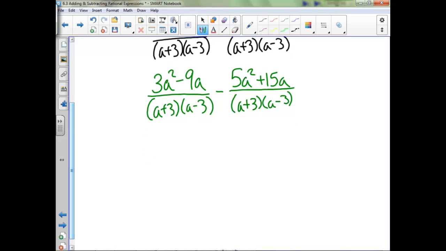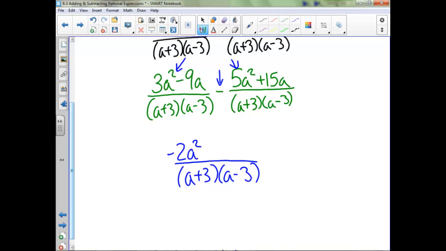Now let's combine our like terms, so we know our denominator is going to be a plus 3 times a minus 3. Our squared terms, we have 3a squared minus 5a squared. So we're left with negative 2a squared. And then we have negative 9a minus 15a, so negative 9 minus 15, or negative 24a.